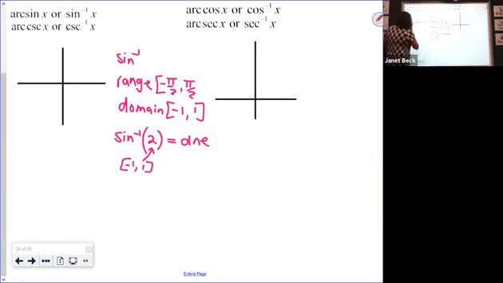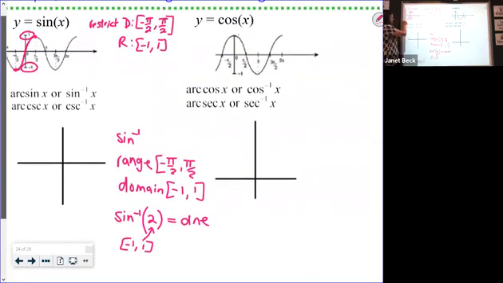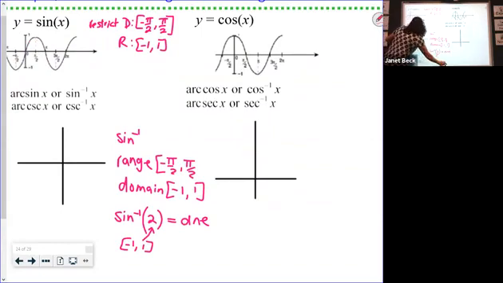Let's have a quick look at the graph. You don't need to be able to reproduce the graph itself, but let's have a look at it. We're going from this point here to this point here through the origin. This was the point negative pi over 2, negative 1. On the inverse, you switch those around. It will go from negative 1 on the x-axis, negative pi over 2 on the y-axis.